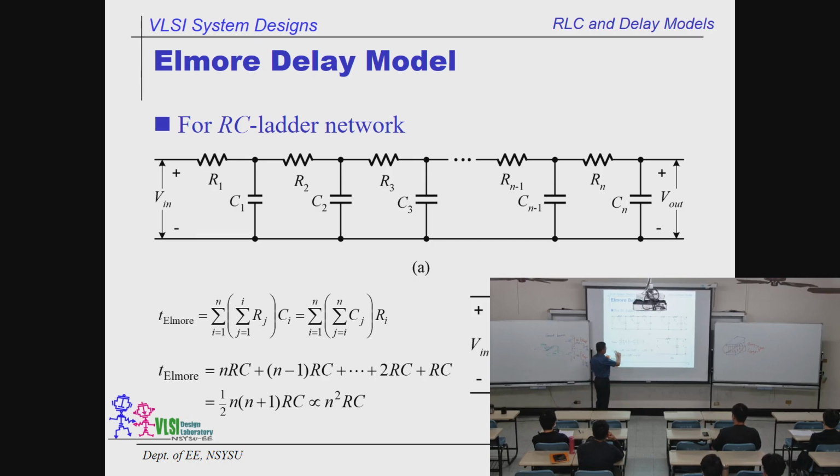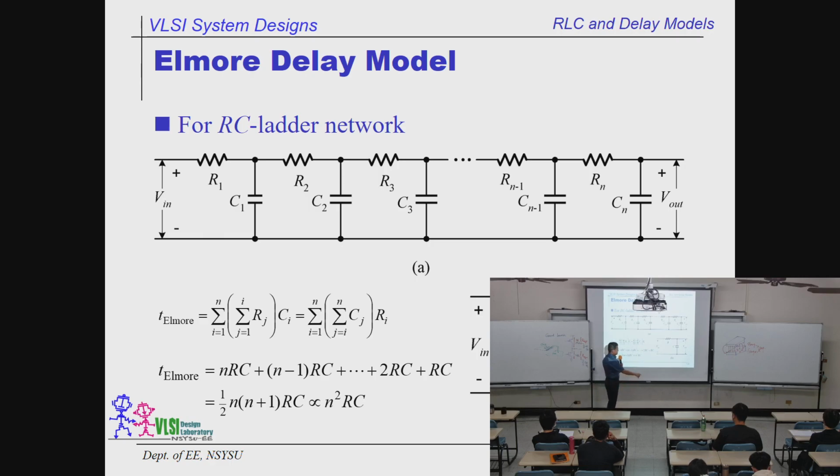So if all the R's and C's are the same, what's going to happen? For the first bucket to be full, the time constant is RC. The second one has to wait for the first one to be filled, then he can get the water. And all the way up to the last one.